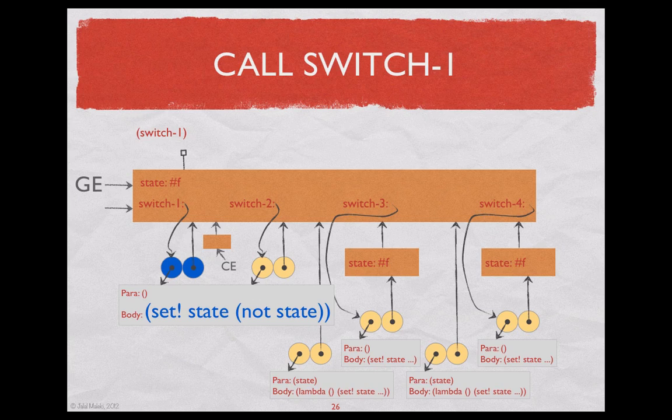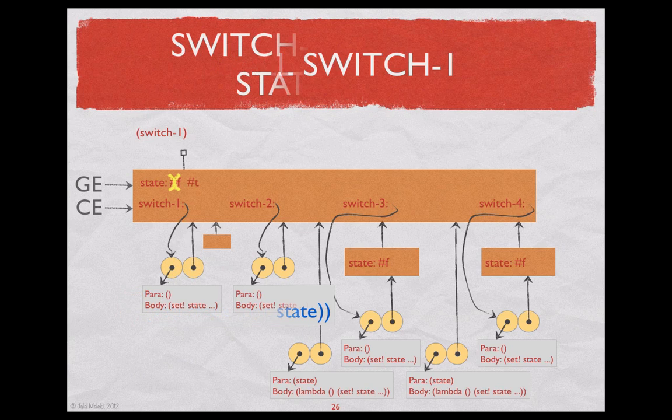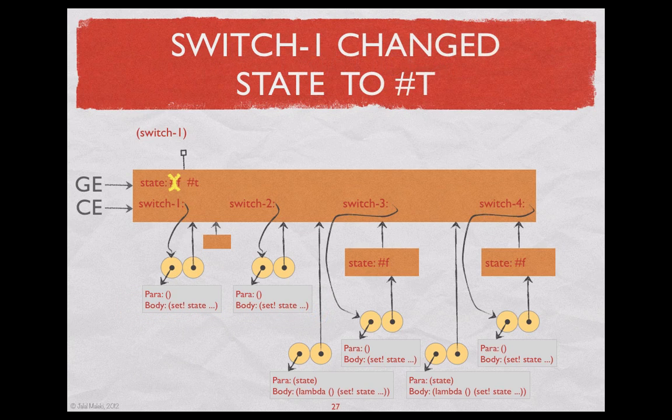And that's what we do. We follow the frame sequence from the current environment, find state, and set it to not state. And this is what happens. State changed from F to T.